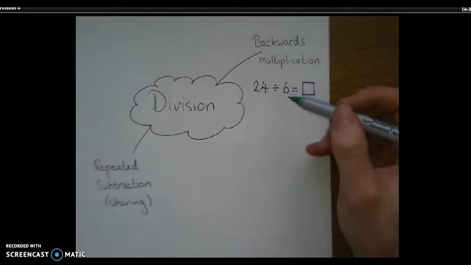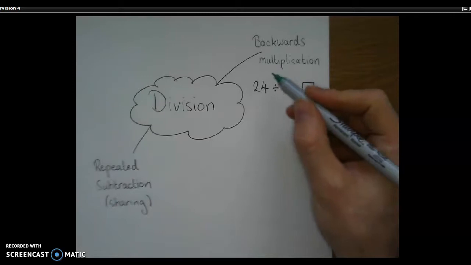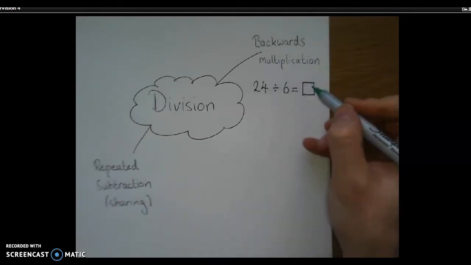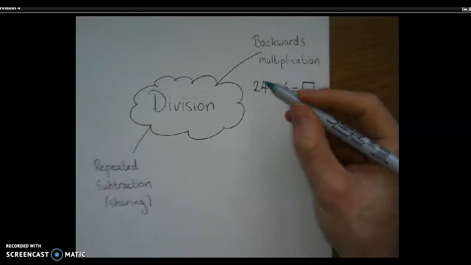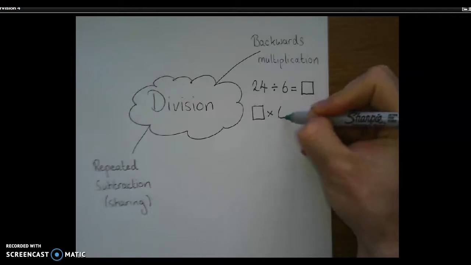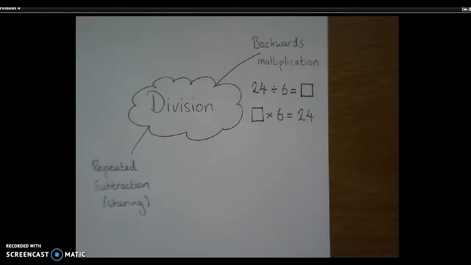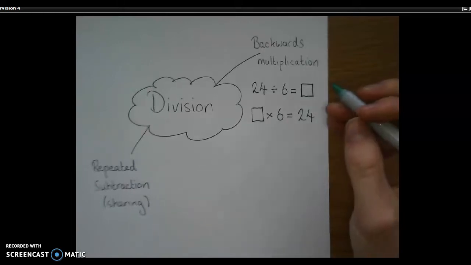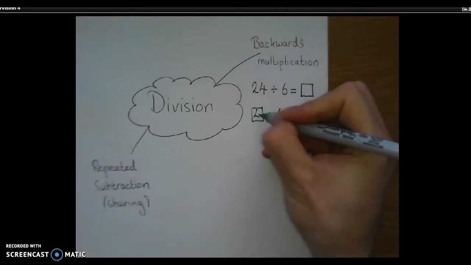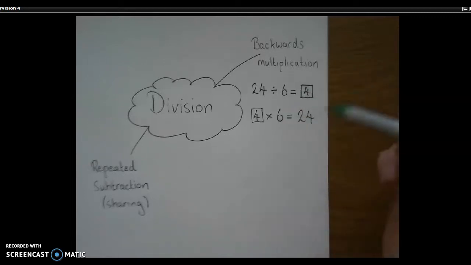If you don't know that off by heart, you can say to yourself, well, what multiplied by 6 is 24? Okay, something times 6 is 24. So our backwards multiplication, okay, and you know that one. It's 4. That's for doing it in your head. Backwards multiplication, 24 divided by 6 equals 4. 4 times 6 is 24.